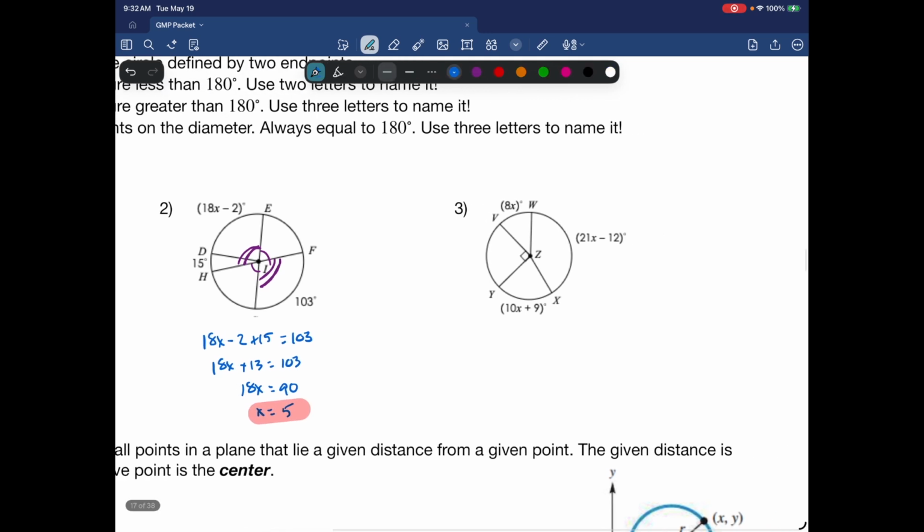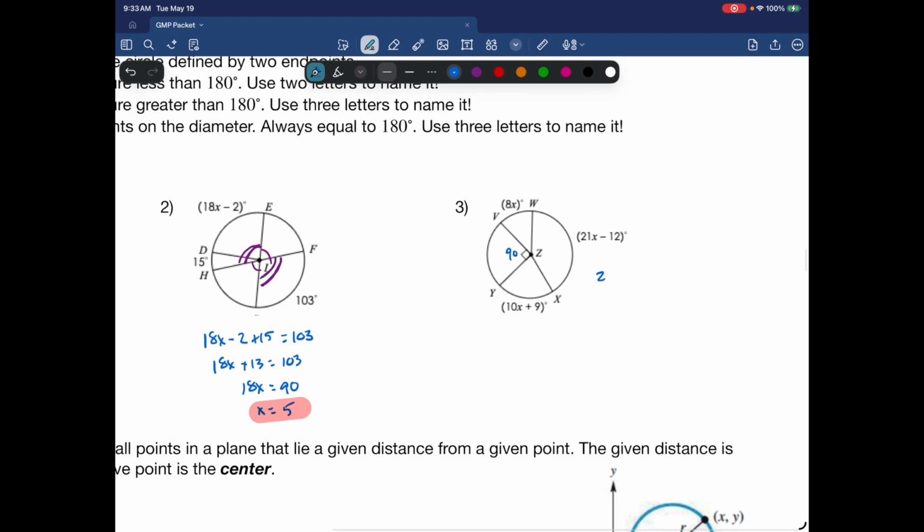Okay, so number 3. If we know that this is 90, then that means the rest of this is 270. So you could add all this up to equal 360, or you could say these 3 x's add up to give you 270. Whichever you want to do, or whatever your kids feel comfortable with.